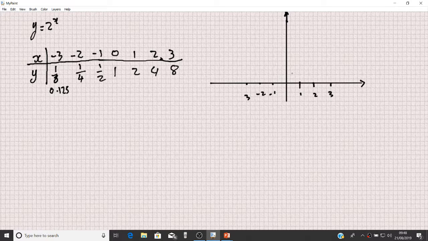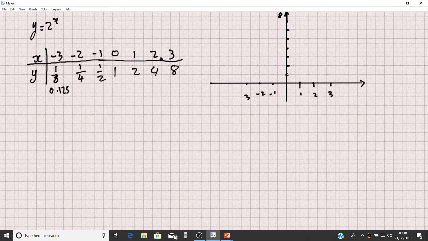I'm going up on my y-axis at least as far as 8. So 8 is right up at the top of the graph.